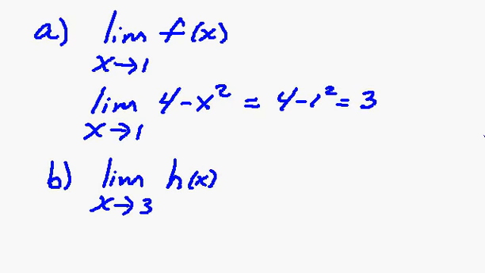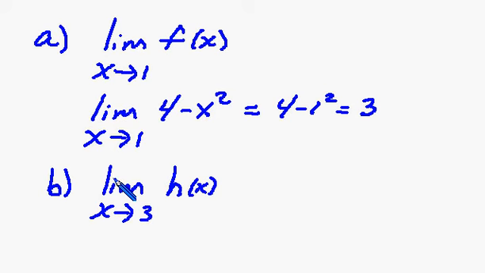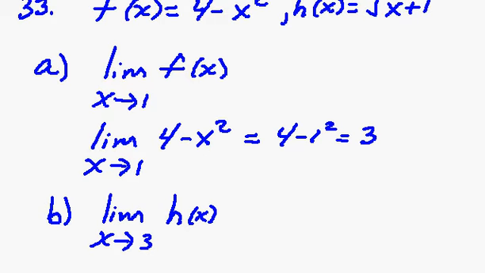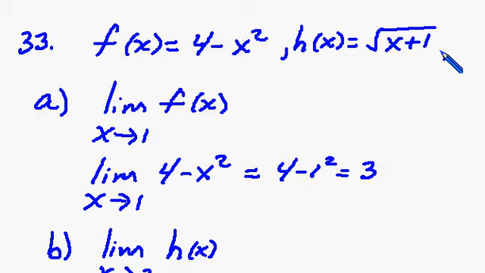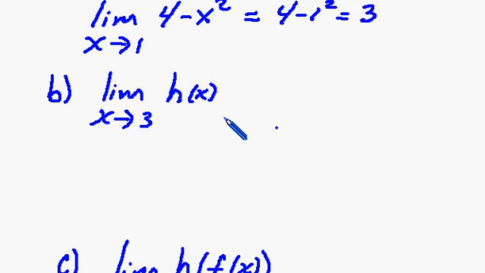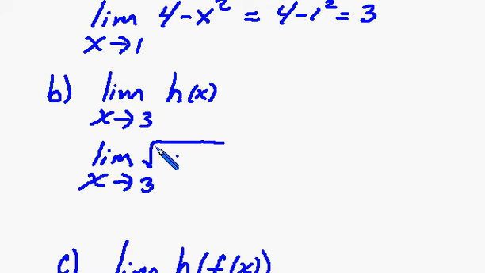Here in part B, we've got the limit of h of x as x approaches 3. So we need to come up here and look at h of x, which is the square root of x plus 1. So we say the limit as x approaches 3 of the square root of x plus 1.